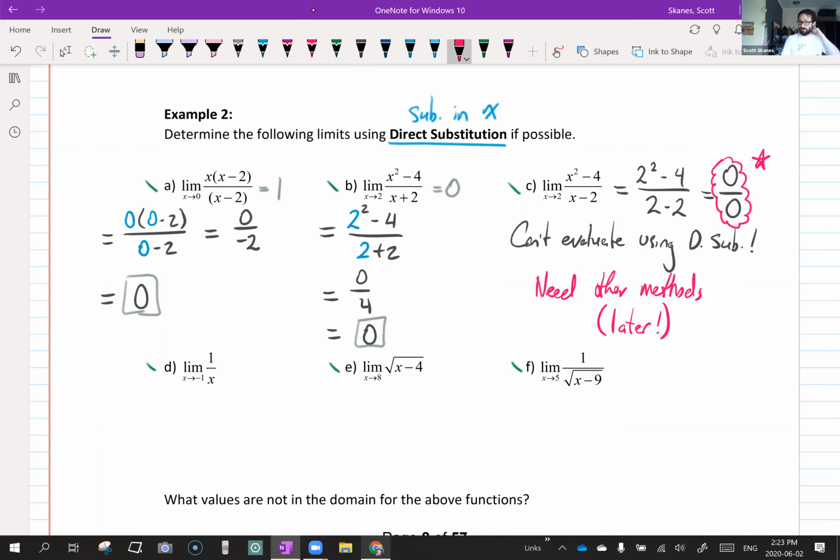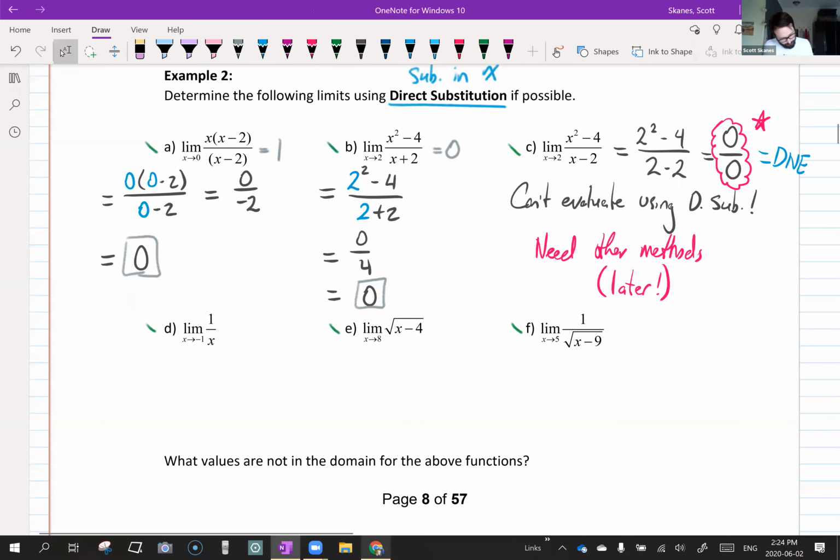And I'll teach you them later, okay? Error is the same thing as does not exist. So I'll say it does not exist. All right? If your calculator pops back an error, most times it's going to not exist. There are cases where we won't do that, but I'll make it really clear when the time comes, okay? Let's do the next one.